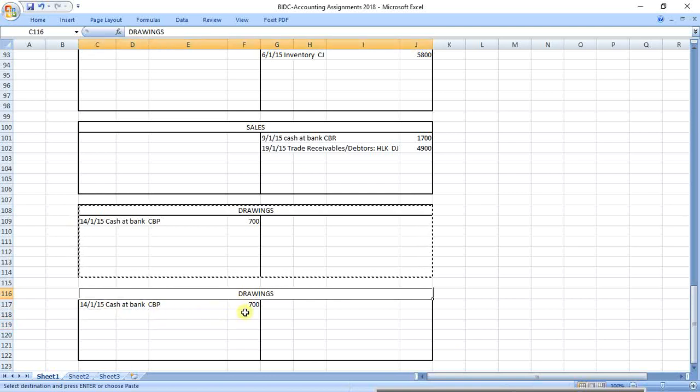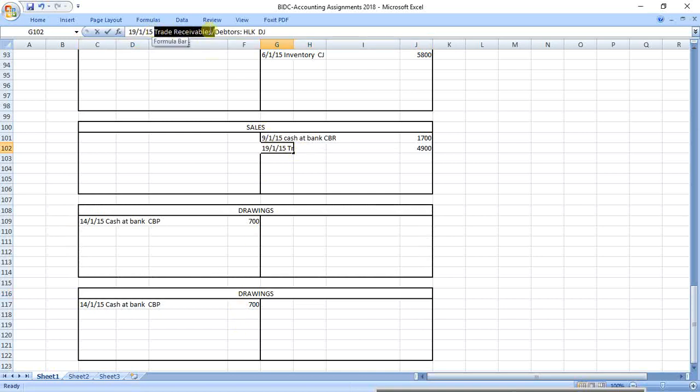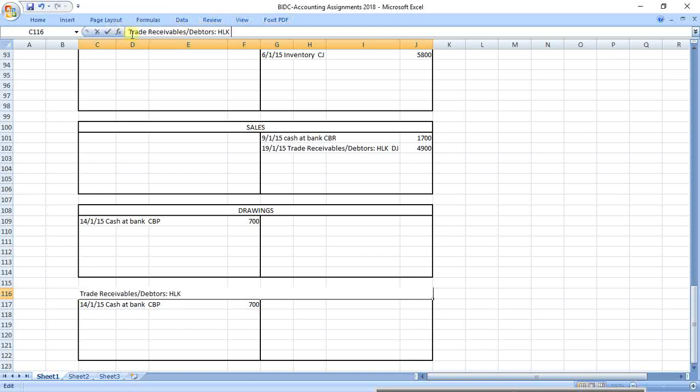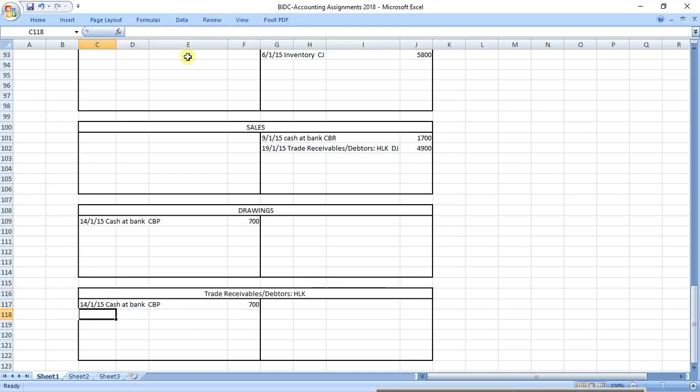Alright, so what are we doing here? Oh, trade payables, receivables actually. HLK, that's the heading. Okay, so your account would be trade receivables / debtors HLK to identify them. This was day 19.